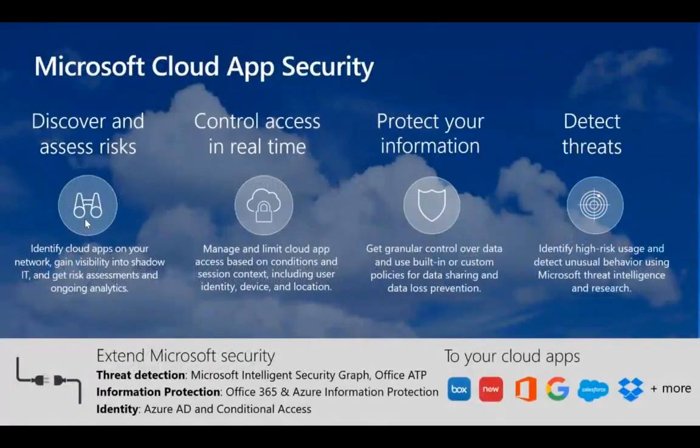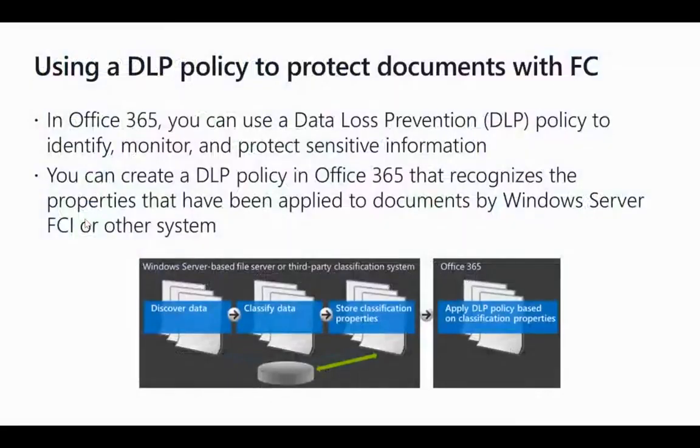With modern cloud app security, you can discover and assess risk easily, quickly, control them in real time, protect your information, detect threats. Last but not the least, guys, with the help of a data loss prevention policy, it also adds another layer of security.